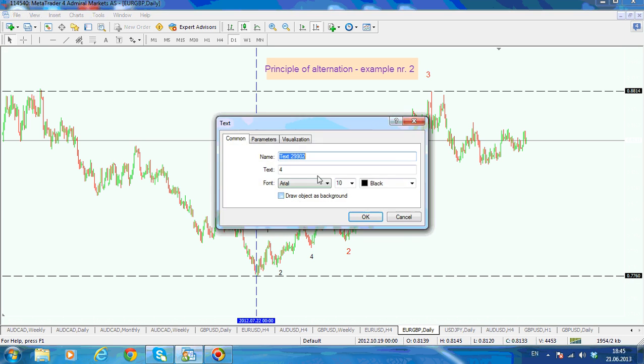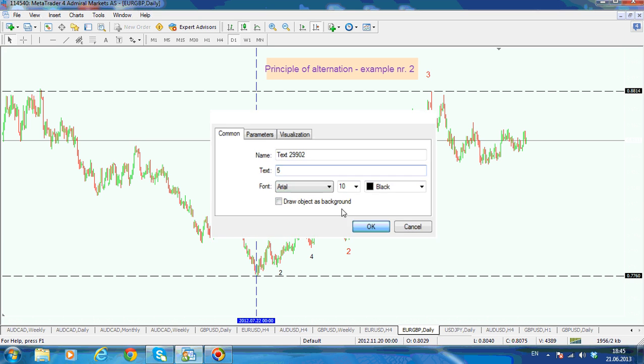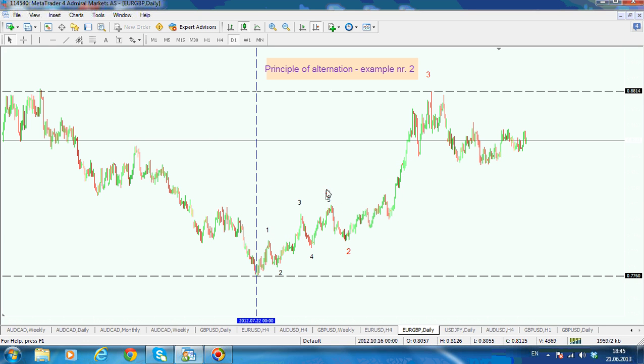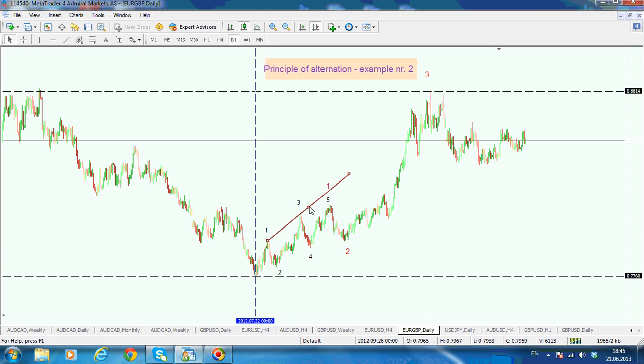Now why a leading diagonal? If you remember, diagonals travel within trend lines, from the first wave to the third wave, and the trend lines between the second and the fourth wave. Here we go. So the first wave is a leading diagonal, then correcting with the second wave.